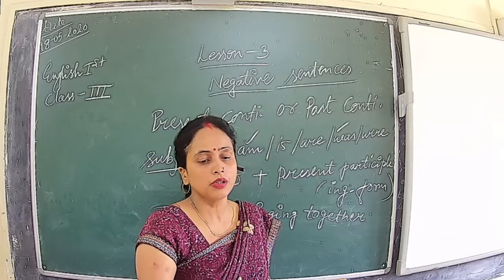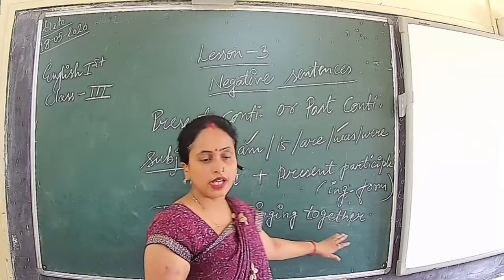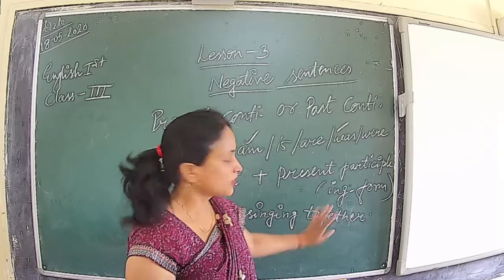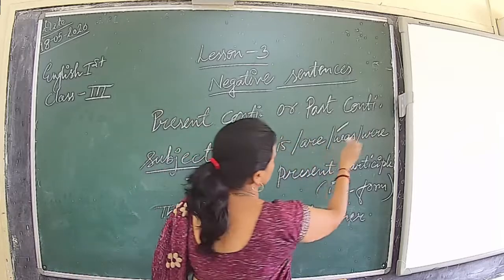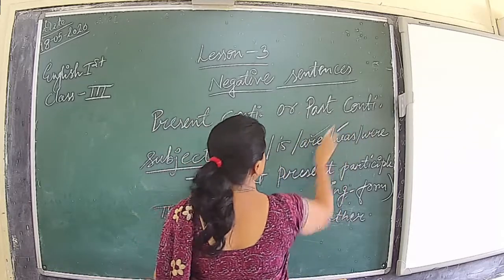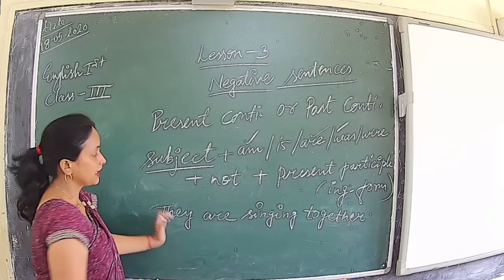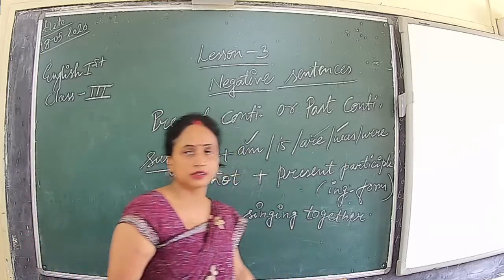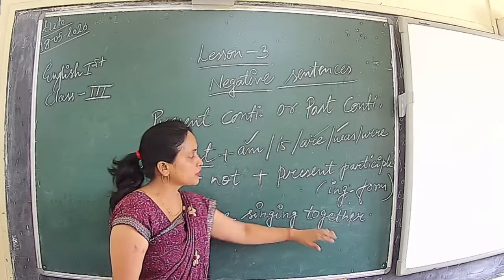Now we have to change it into the negative sentence. We have already seen one example with am, and was. Now it is are. Are is the helping verb. They are singing together.